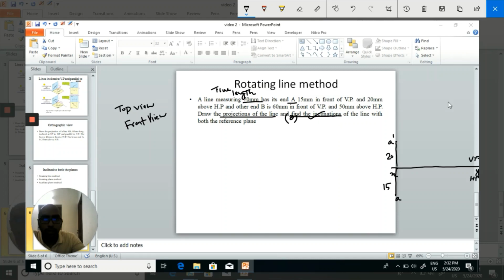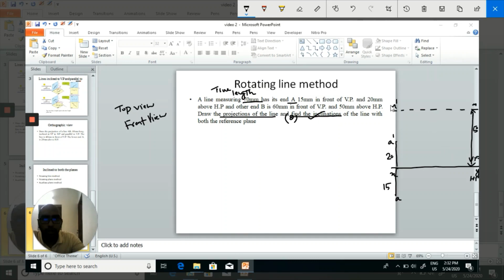Hence we have to draw the locus of the points B dash and B. So the locus will be M dash M. We know this is 50 mm above the reference line.